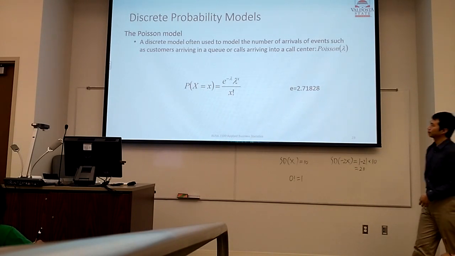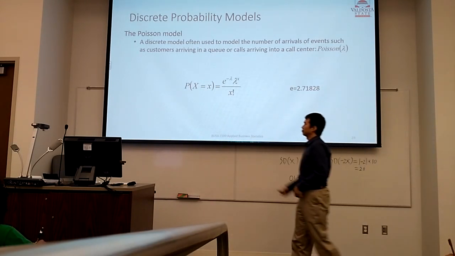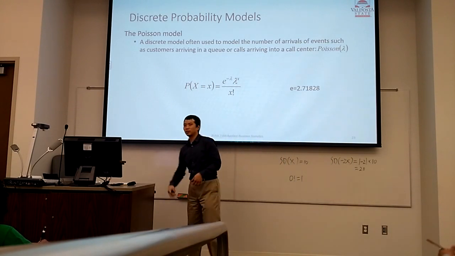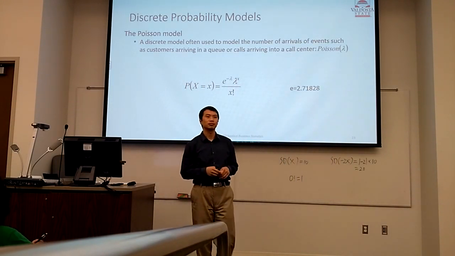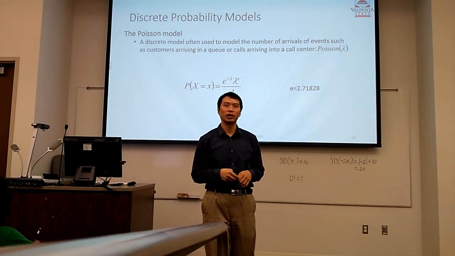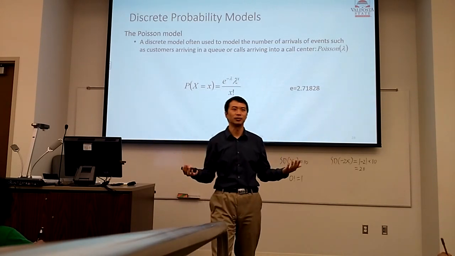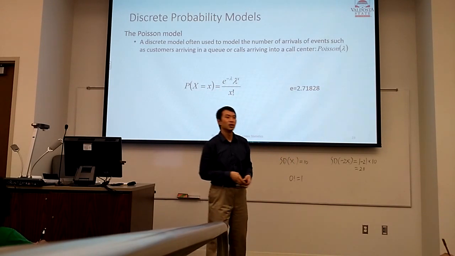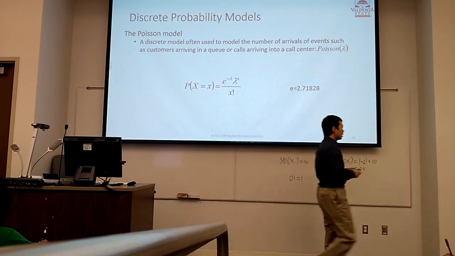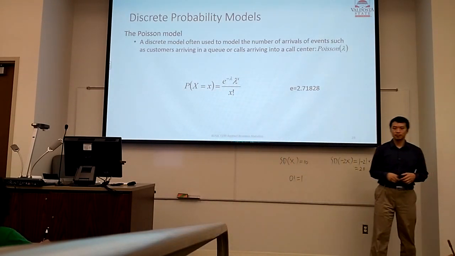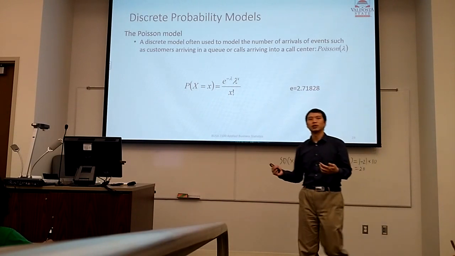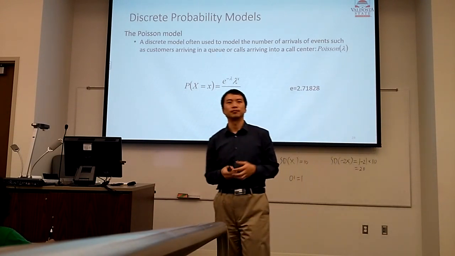Okay. So for example, customers arrival. So if you are running a restaurant or some like a McDonald's, Burger King, or Pizza Hut, so you want to know how many people you need to put there.